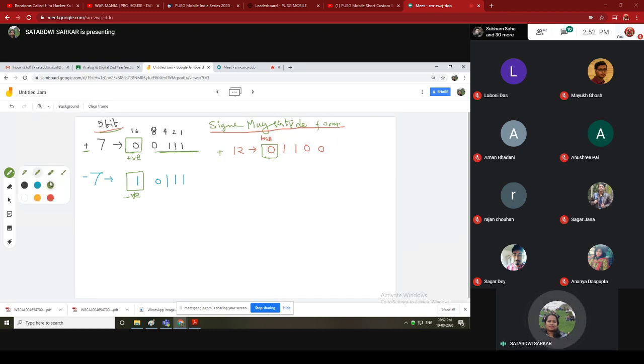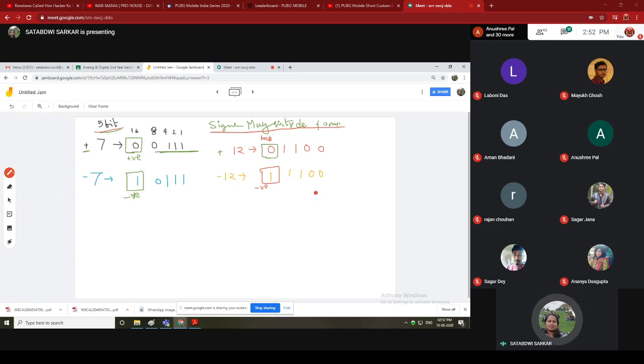Now for the negative value, suppose for minus 12, we have to represent this part as it is, but for this MSB position we have to put 1. So this 1 is for the negative, that is minus value. Okay, so this is minus 12.